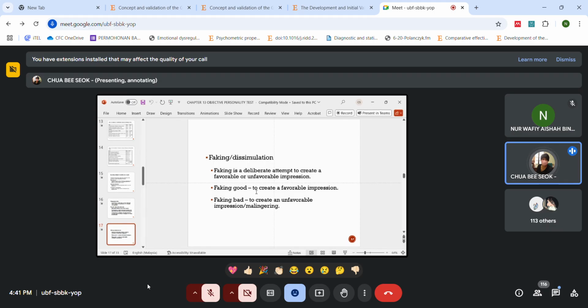Faking good means the respondent or examinee tries to create a favorable impression. Faking bad means the opposite: the respondent tries to create an unfavorable impression to the examiner. So this is faking, either faking good or faking bad response.